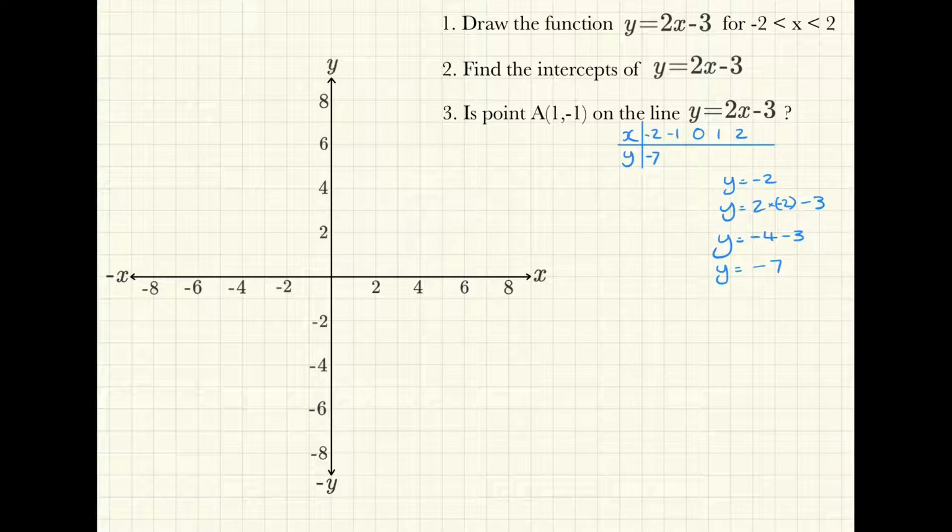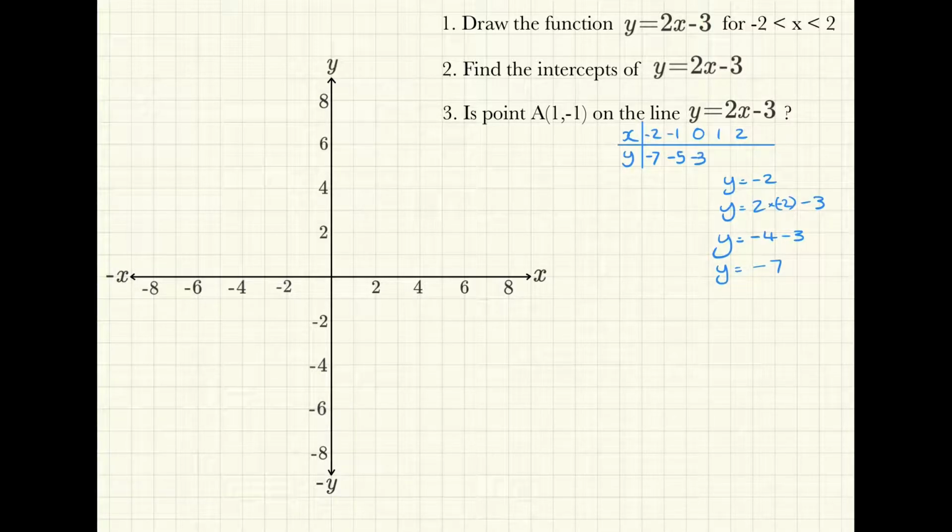All right, I'm going to do the same thing, but out loud for the rest of the numbers. When x is -1, 2 times -1 is just -2. Take away 3 is -5. What happens when x is 0? It's just going to be 2 times 0, which is 0. Take 3, it's -3.